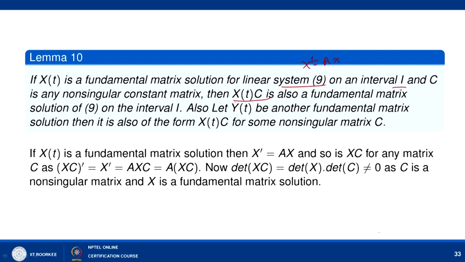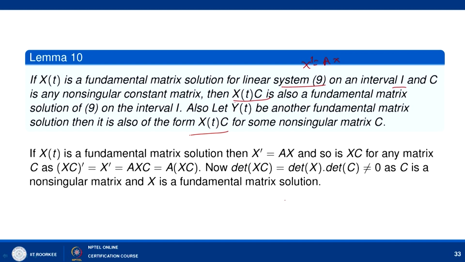So, it means that given a fundamental matrix, you can find another fundamental matrix by multiplying by any non-singular constant matrix C. So, once we know one, we have infinitely many. Also, conversely, we can show that if Y(t) is another fundamental matrix solution, then it can also be written in the form X(t)C for some non-singular matrix C.